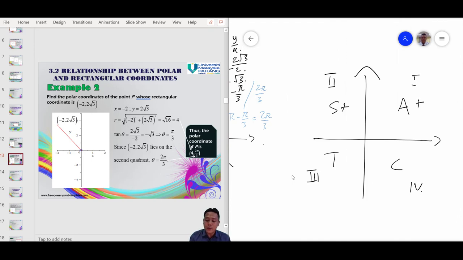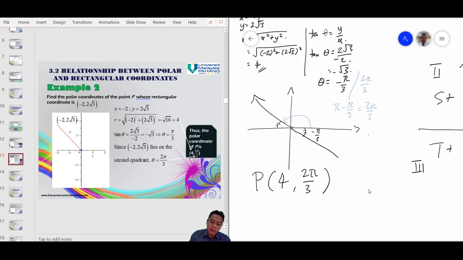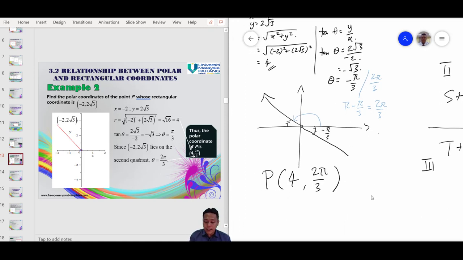This one only sine is positive, this one only tangent positive, and this one only cosine is positive. So because the tangent is negative at quadrant 4, it explains why the angle here is negative pi over 3. Alright, so to sum it, this will be 4, 2 pi over 3.